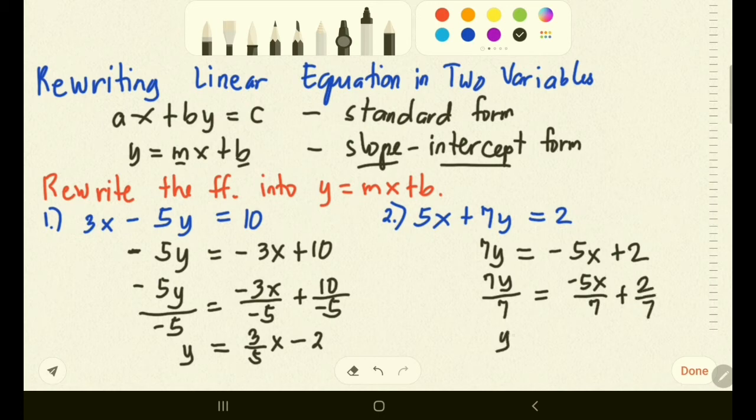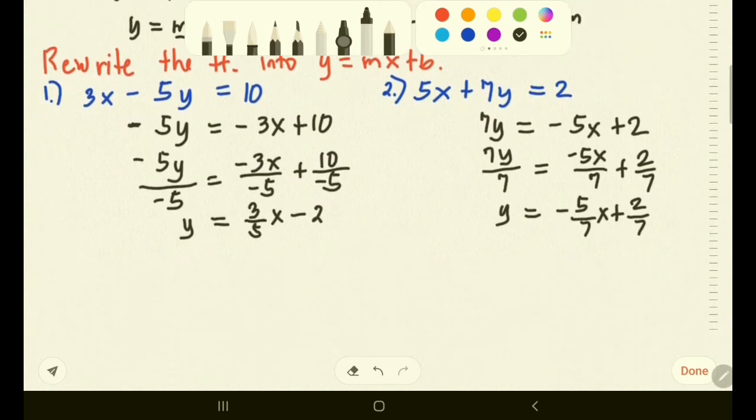So y equals negative 5 over 7 x plus 2 over 7. That is how to rewrite an equation in the standard form to y equals mx plus b, or slope intercept form. How about if we're going to reverse?